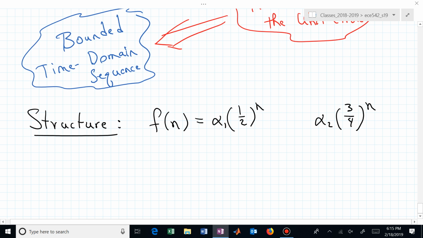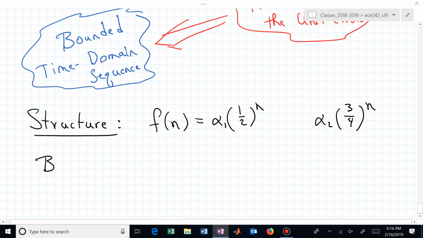What do we know about f of n? Look in the upper left-hand corner of the screen. We know it's bounded. If we know it's bounded, that tells us exactly when we need to turn these different modes on and off. 1/2 to the n, what values of n does it need to be turned on for?